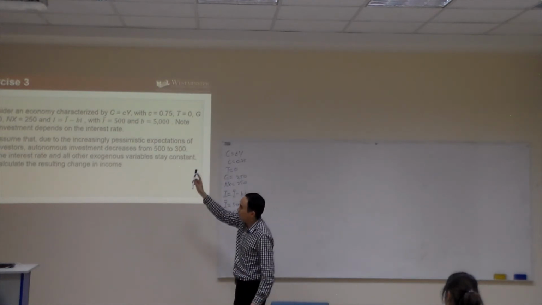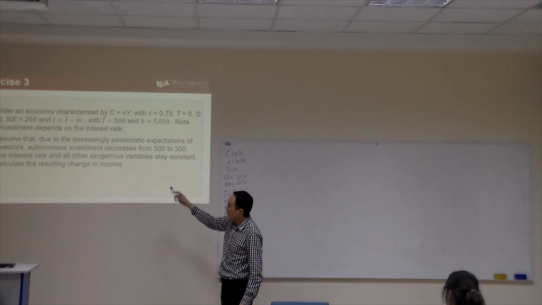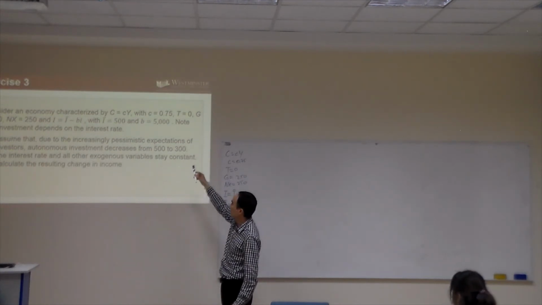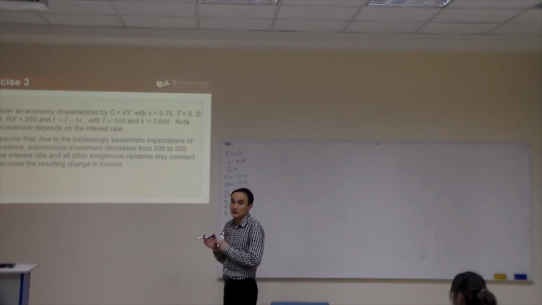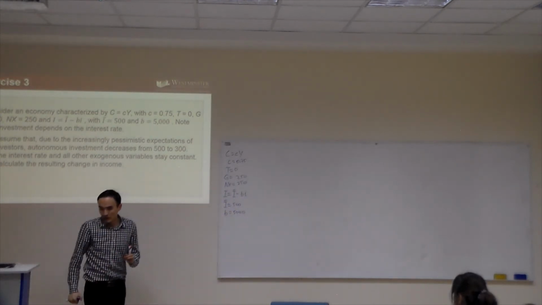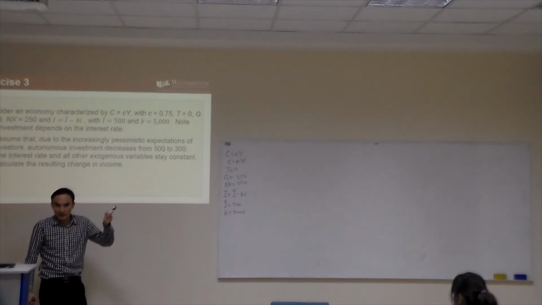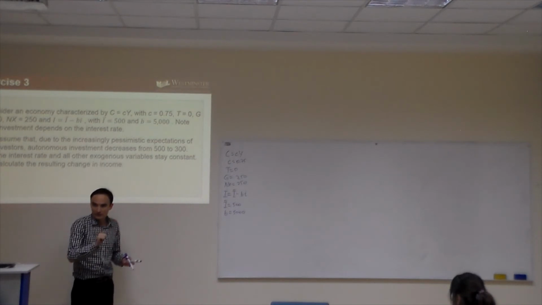Here, assume that due to increasingly pessimistic expectations of investors, autonomous investment decreased from 500 to 300. So now investors have a negative expectation about income. If they expect it negatively, it means that investing is not profitable in the future.